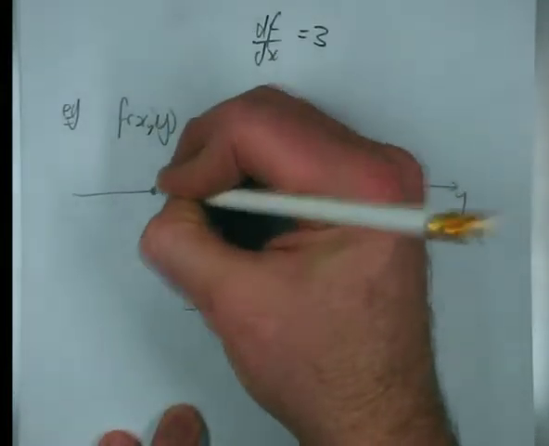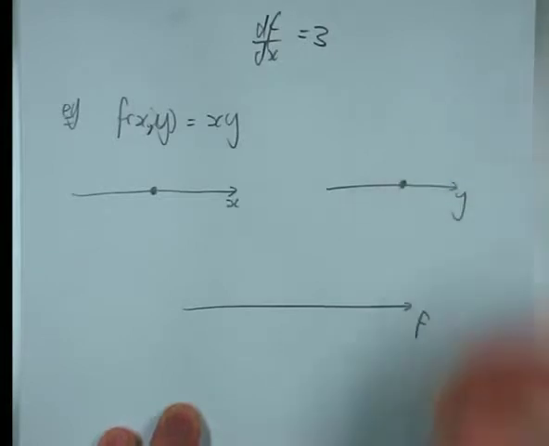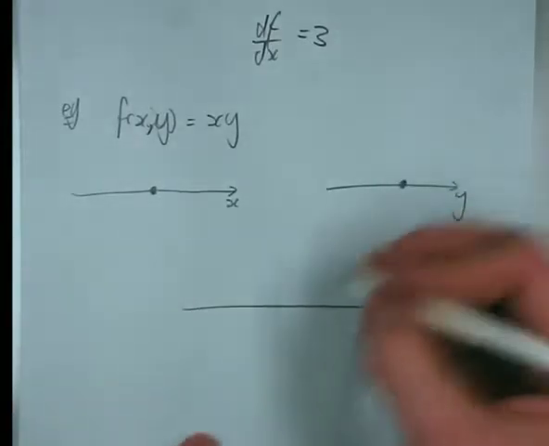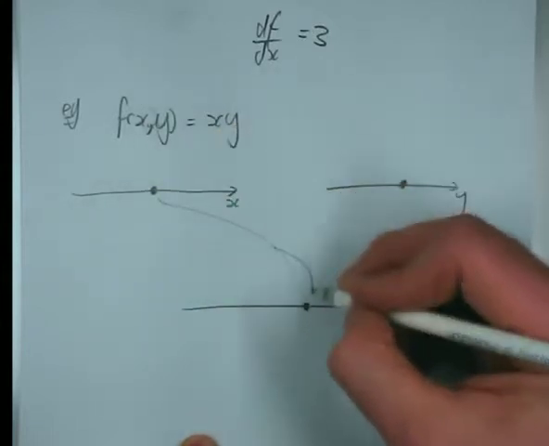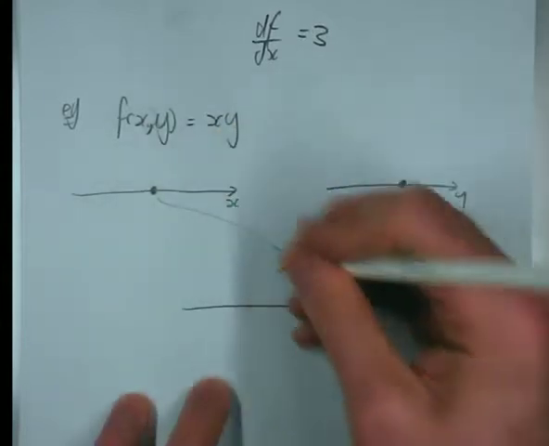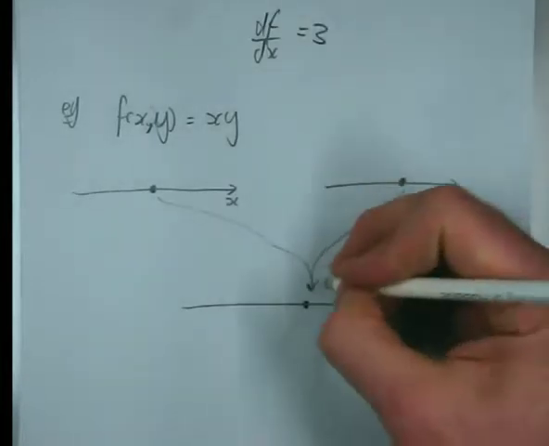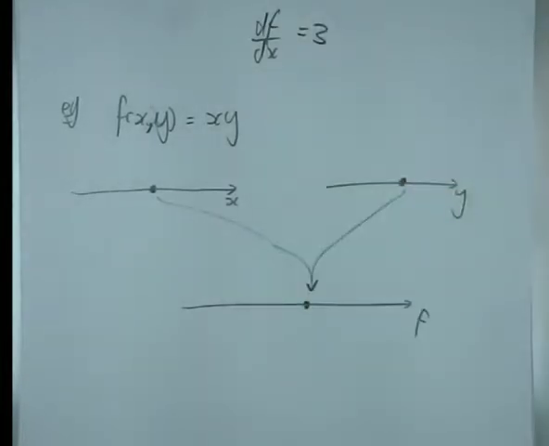So if I'm here for x and here for y, together those 2 numbers in the formula produce whatever they produce. Okay, together they produce an answer. And I want to know if I change x by a little bit, or I change y by a little bit, or possibly both, what will happen to f?